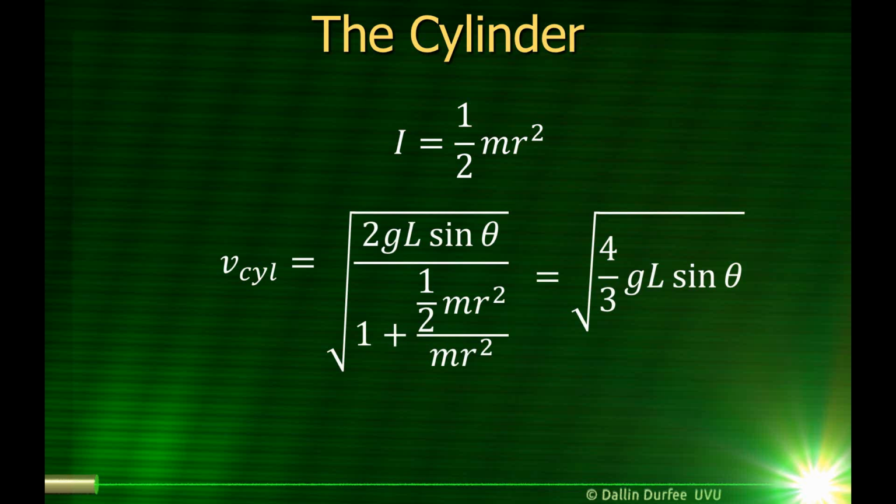And that makes sense because the ring has more of its mass concentrated further from the axis of rotation. That means more of its energy will be rotational kinetic energy rather than translation. The cylinder has less mass concentrated far away from the axis, so less of its kinetic energy will be rotational kinetic energy.